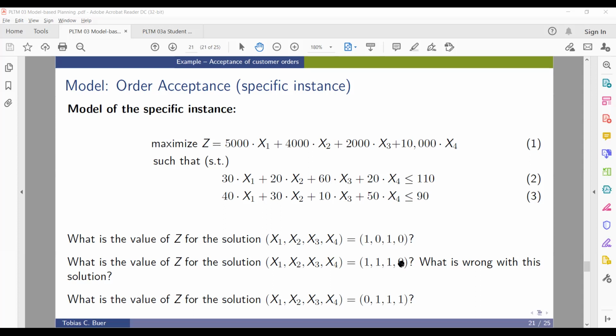And how do we see it? Yes, maybe it exceeds the limit. Now we need to decide, does it exceed the limit? Yes or no? This is done via equations number 2 and 3.